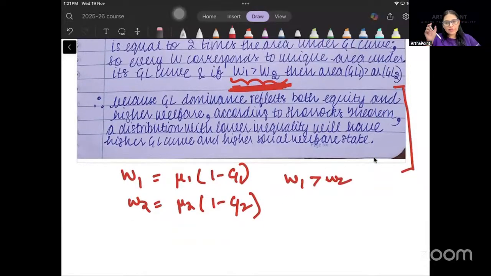And once you have told the Sherlock's theorem, in one line I explained what it is, now I will invoke it in this question. So I will say that now, using that Sherlock's result, since GL1 has a dominance over GL2, the first one represents higher welfare.